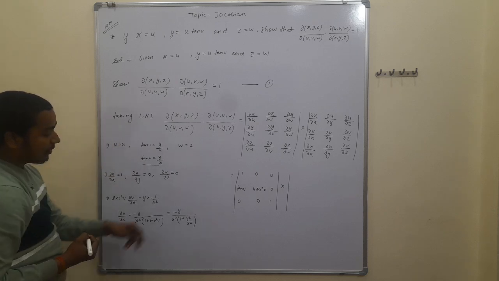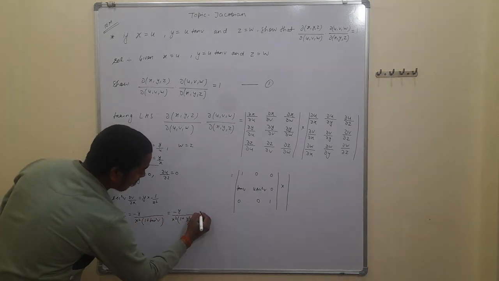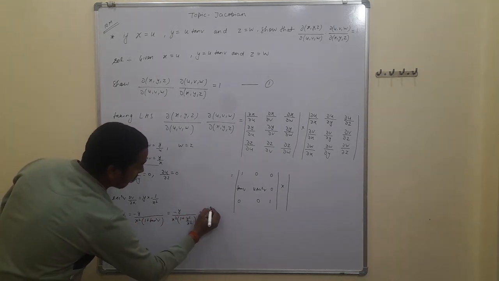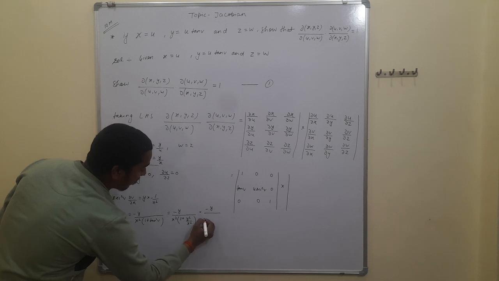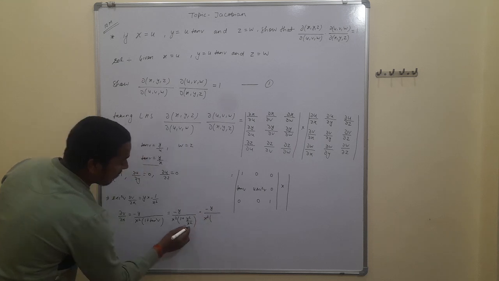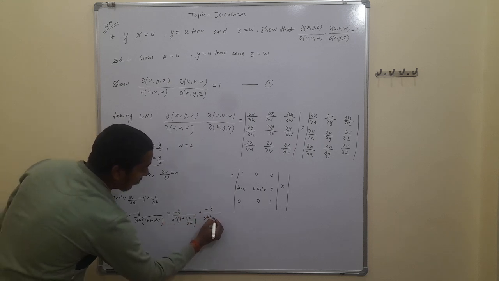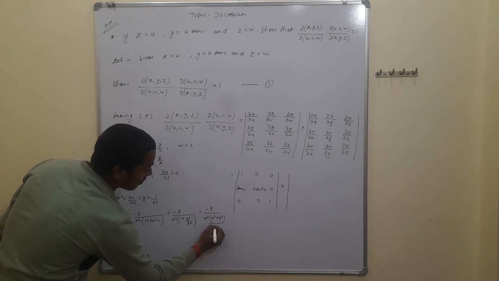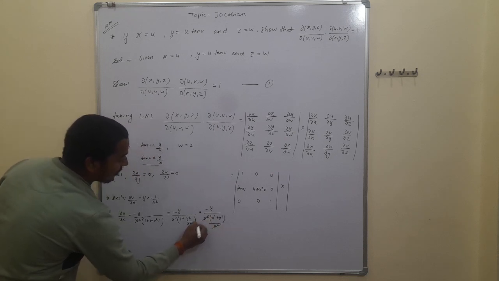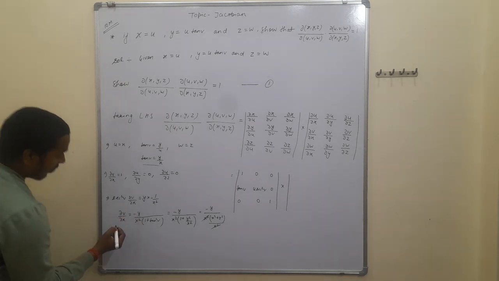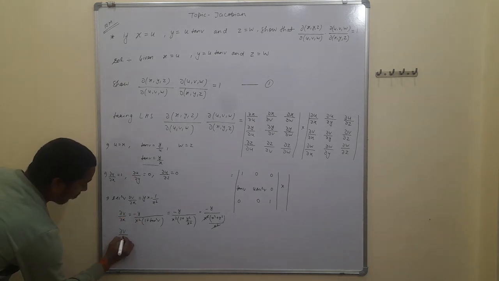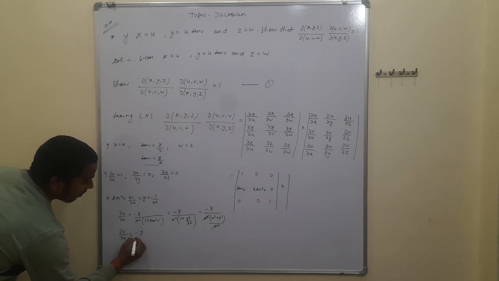Further we have to solve, minus y upon x square, and taking LCM here, that is x square plus y square upon x square. x square and x square cancel out. Then the value of ∂v/∂x is minus y upon x square plus y square.